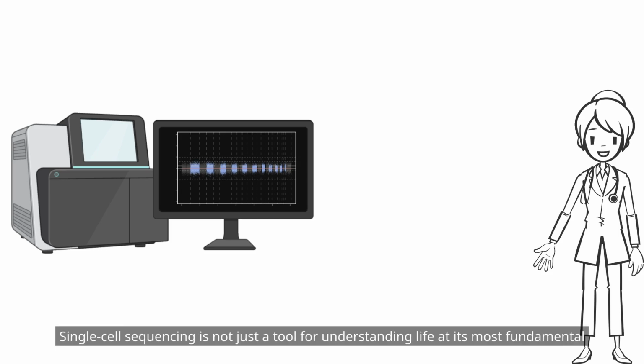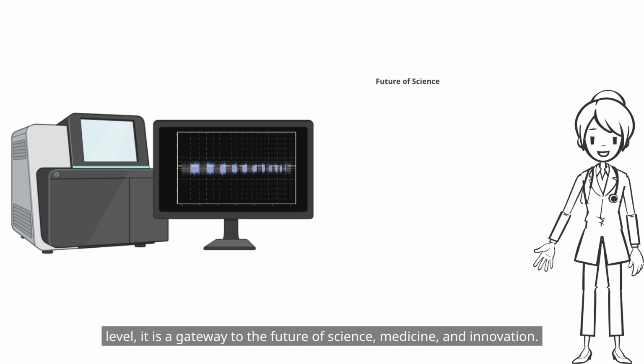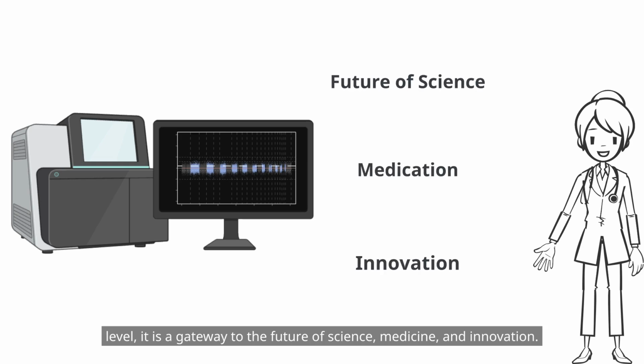Single-cell sequencing is not just a tool for understanding life at its most fundamental level, it is a gateway to the future of science, medicine, and innovation. The possibilities are endless, and the journey has only just begun.